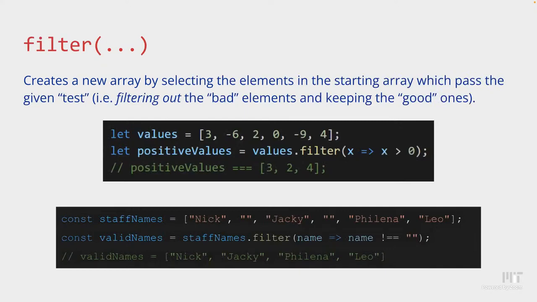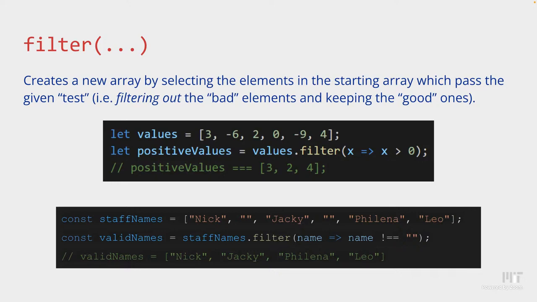We also have filter. That's another function that you can use on arrays. And what this does is kind of similar to map, except you want to filter out the good things and throw away the bad things of an array. So it creates a new array by selecting elements in your original array that only pass certain tests.